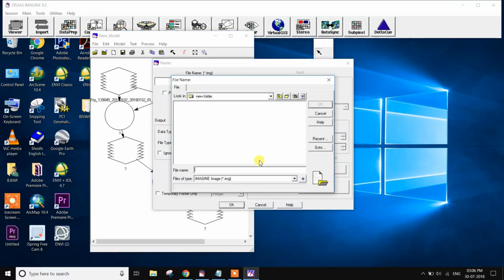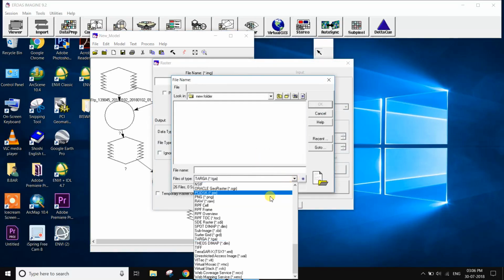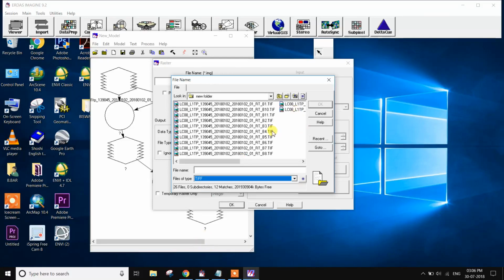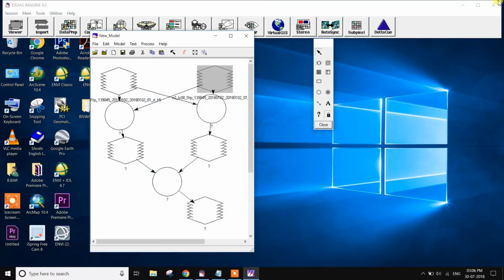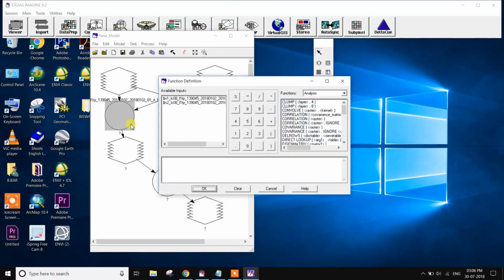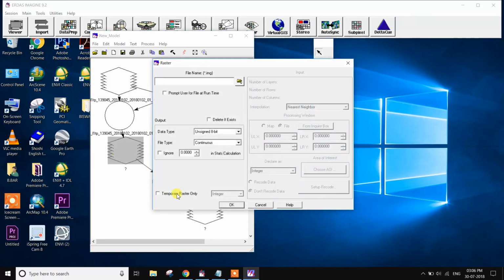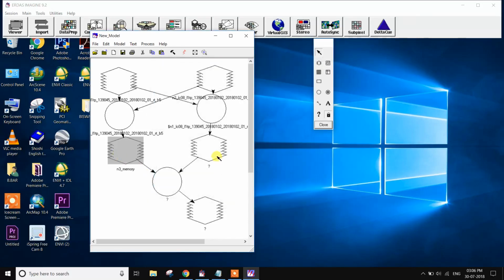Input the near infrared and red band. Actually, the near infrared band minus red, and near infrared plus red, stored as temporary rasters only.